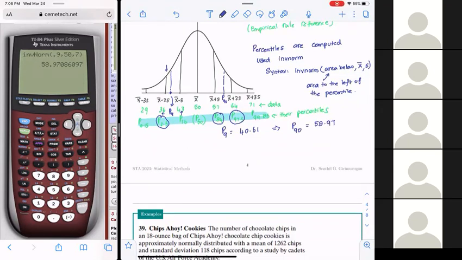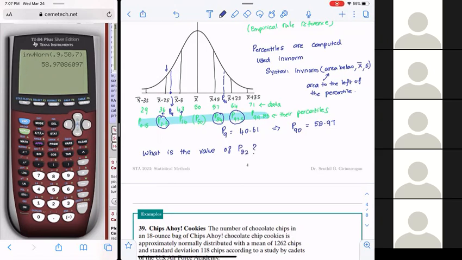Does it lie between 57 and 64? Yes, it does. And we can obtain that directly using INV norm. So what is the value of P82?